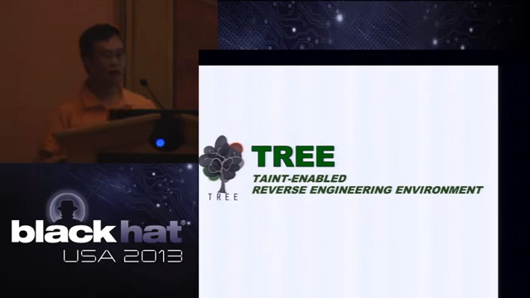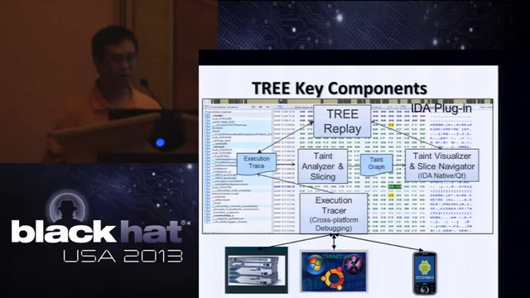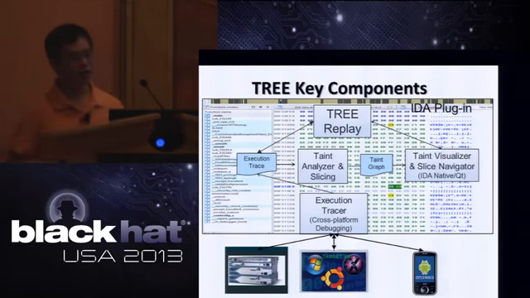So next we're going to use a tree to explain how we support that from IDA. As I mentioned, it is an IDA plugin. It has 3 main components. The execution tracer is responsible for getting a trace from different targets.